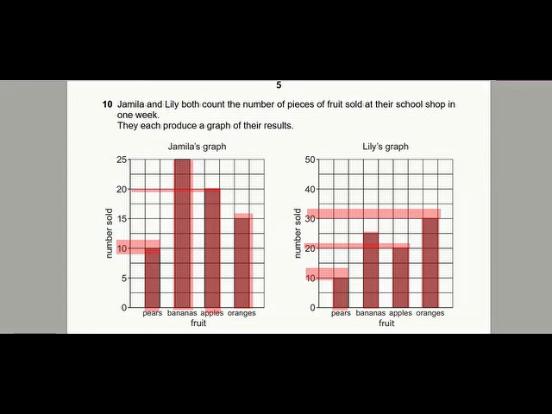This is given by tens once again. So there are 30 oranges. And in this one, how many oranges are there? There are 15 oranges.